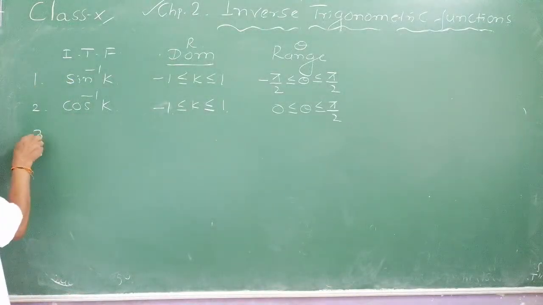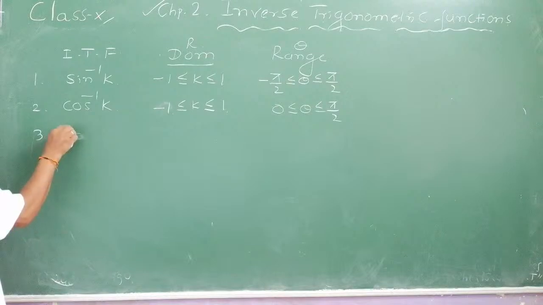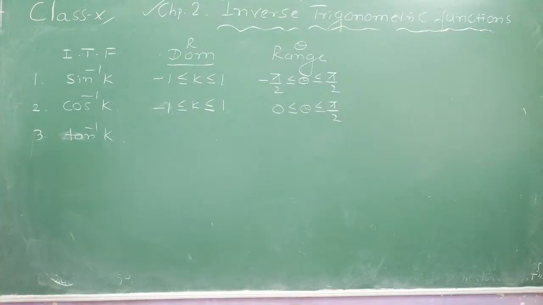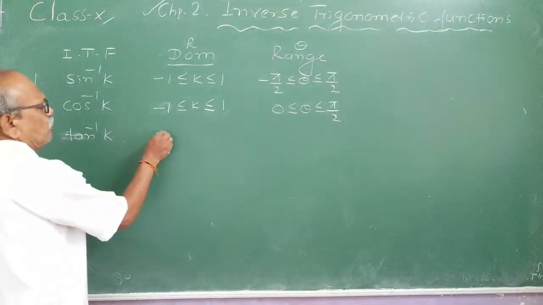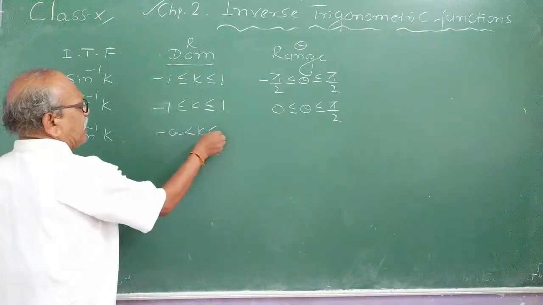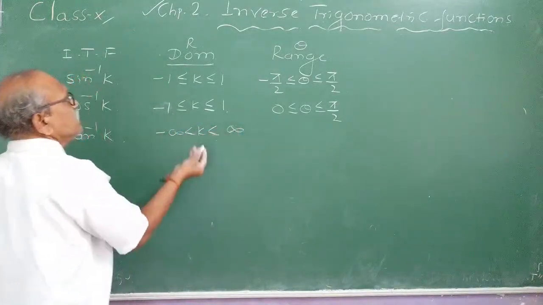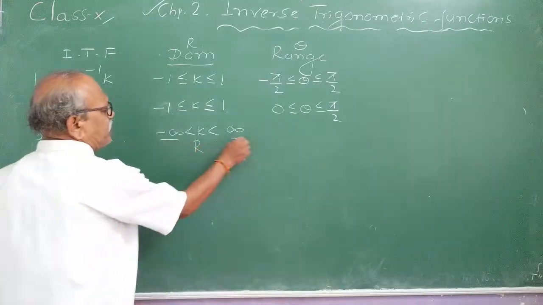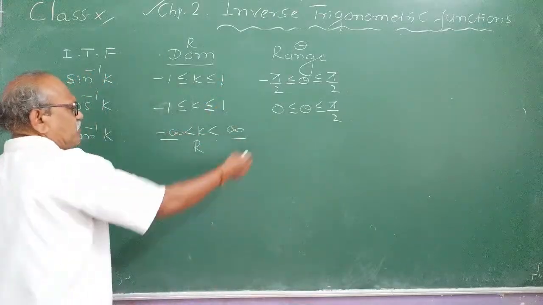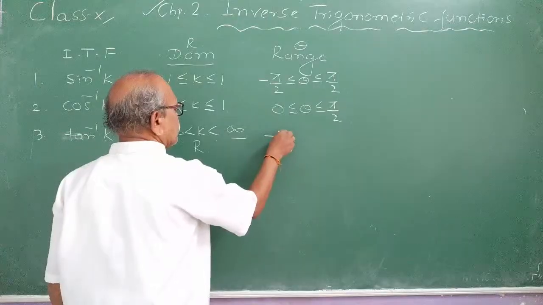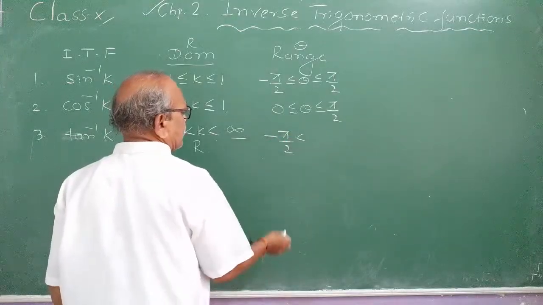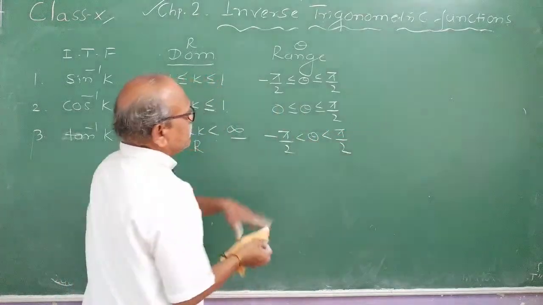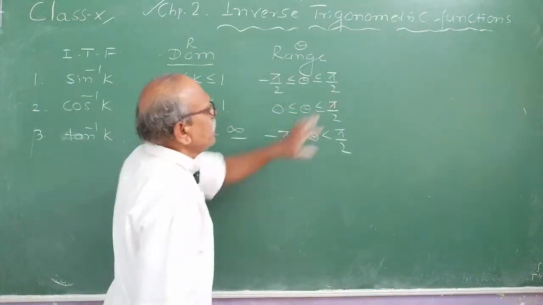Okay, third one. What is tan inverse k? What is the restriction for it? Restriction is minus infinity is less than k, k is less than plus infinity. You can even say that it belongs to the real numbers, any real number except infinity. And range of the angle will be, again, minus pi by 2 is less than theta, theta is less than pi by 2. Observe, this is not less than or equal to, so it is an open interval.